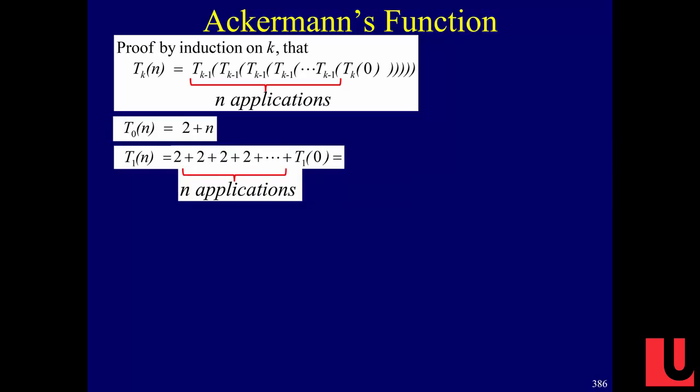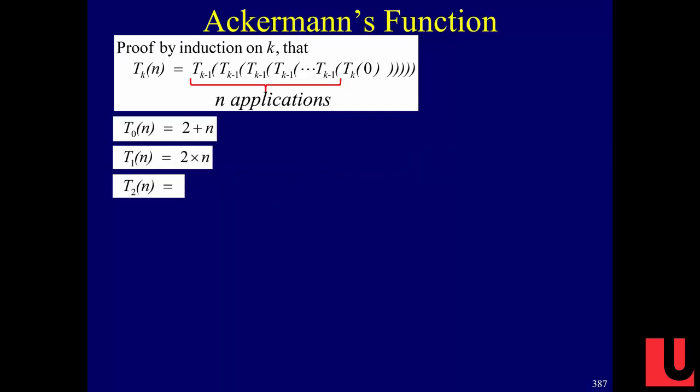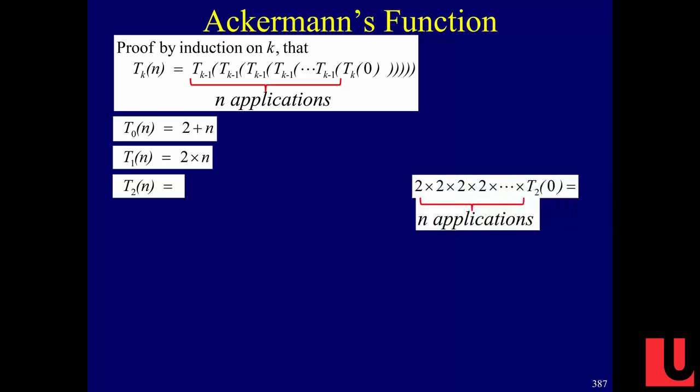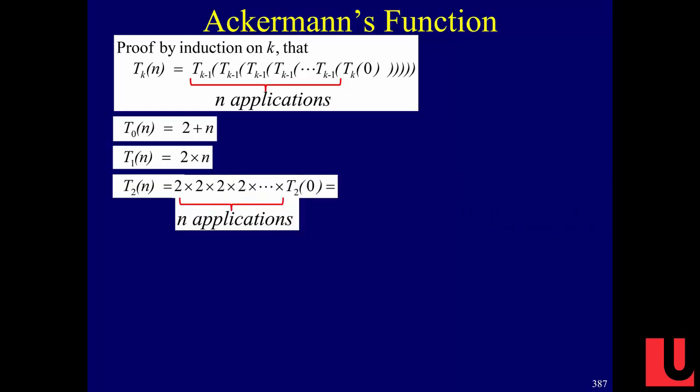And what does that give you? Gives you 2 times n, right? All right, so that's what the first function is, it multiplies by 2. Now, what's this guy? It's going to be 2 times 2 times 2, n times. And what's that going to be? It's going to be 2 to the n, right?